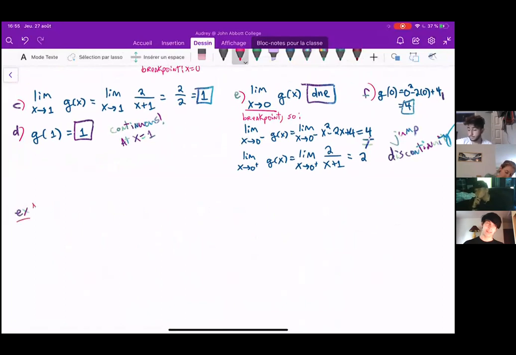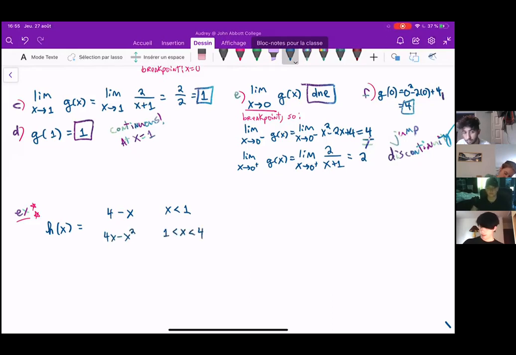It's going to be a little bit different. We're going to call this h of x. It's a little bit different because instead of just having 2 functions, this piecewise function is defined by 3 different functions.